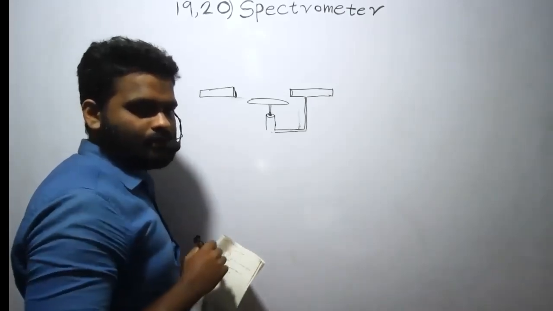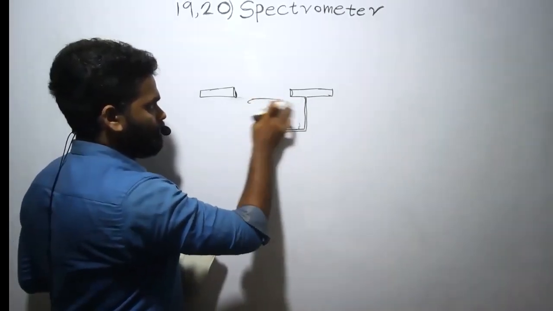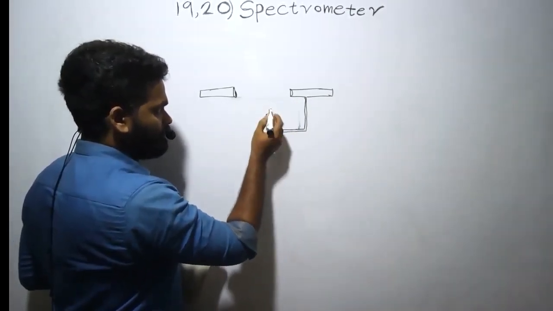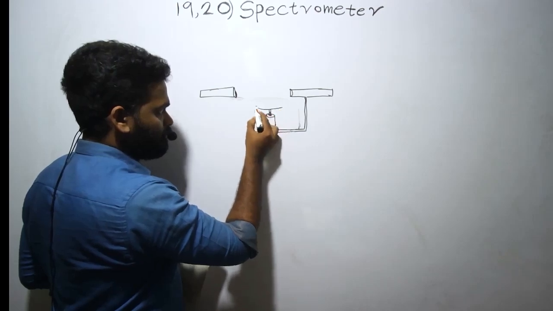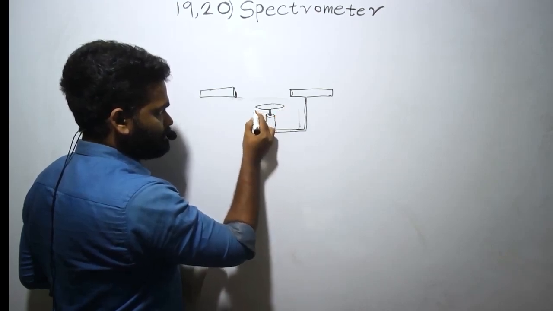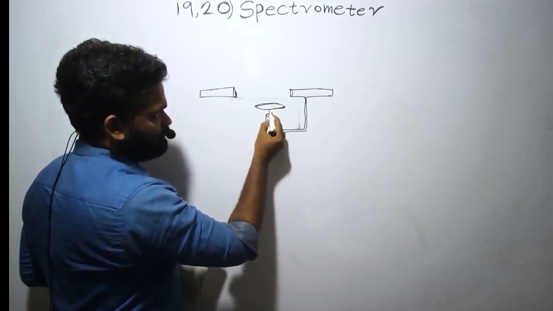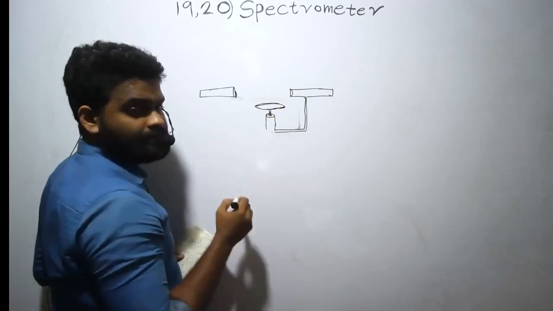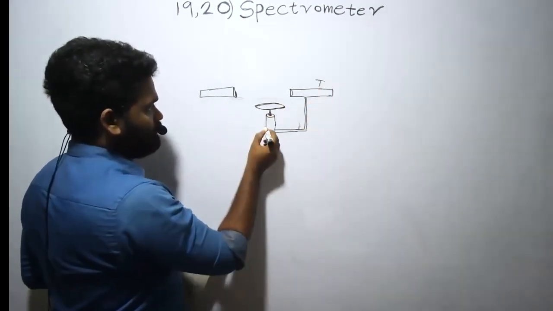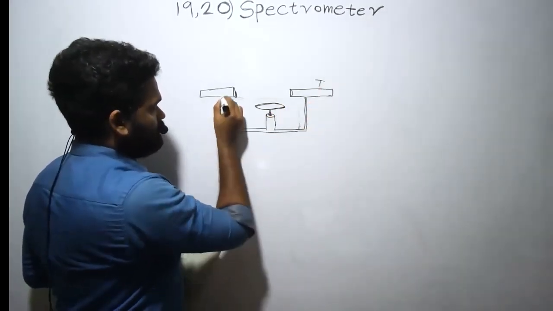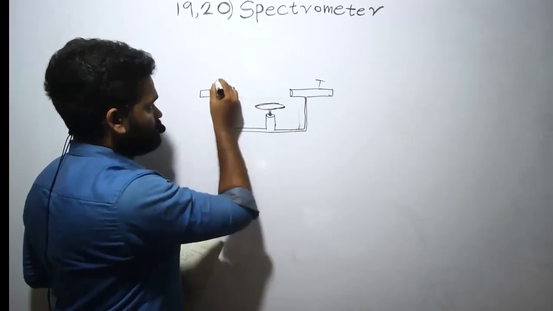You can draw this with me. Here you have the prism table, and then you have the telescope. Then here you have the collimator.